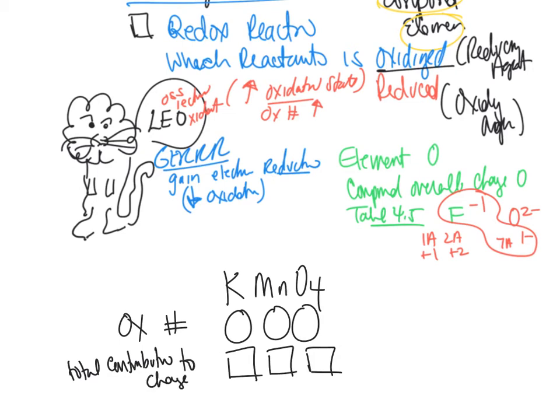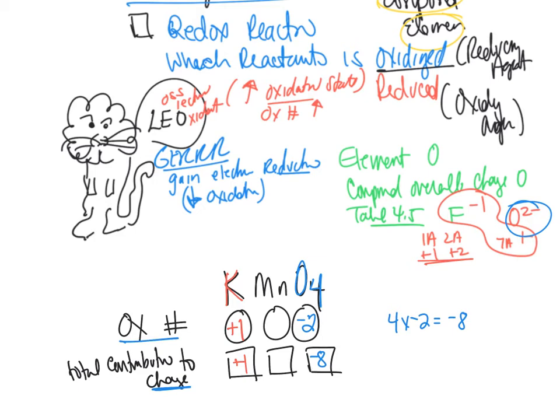Okay, so when you apply these rules, oxygen is always 2 minus, so you can do -2 for oxygen, that's the oxidation number. Potassium is in group 1, so that's a +1. And you see how there's 4 oxygens? So 4 times -2 is -8. So the contribution of charge is a -8. There's only 1 potassium, so 1 times +1 is 1.